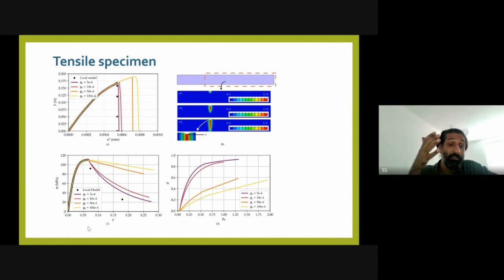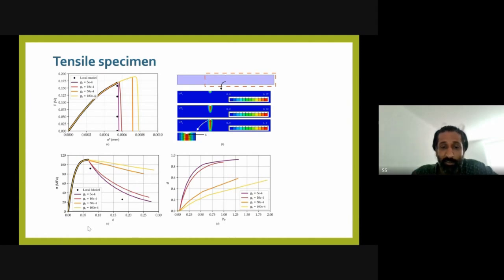And we see that for the value of GC that we have chosen, that is 5e minus 4 Newton per mm, it closely matches the local CDM model. For higher values of GC, only the softening part is more gradual. That is the only difference. The strength of the material is fixed, unlike other traditional phase field models, where the strength itself varies. Here, the strength is fixed because we are using the activation function.